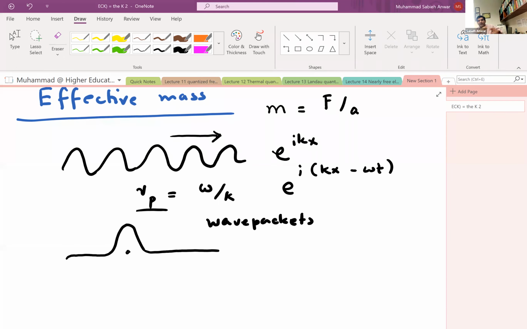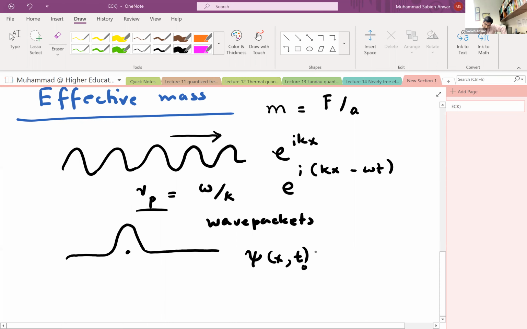Now, when you have wave packets of this kind, they are composed of many different kinds of wave functions. So if you would like to write down the wave function for this electron at some time t naught, this would be equal to the Fourier transform of the wave function.